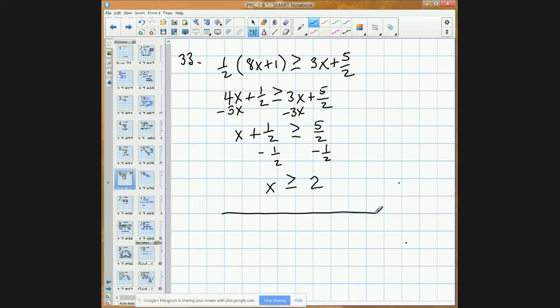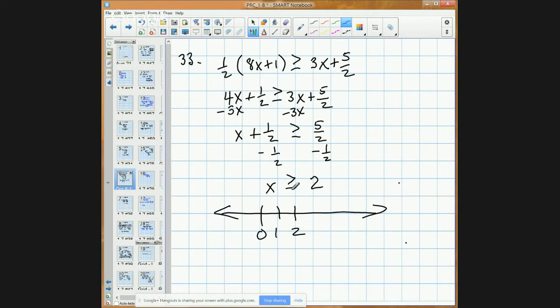And then to finish it up on a number line, do you want me to do it the old way or the new way, Noah? Anyway, the new way is probably what the book has.